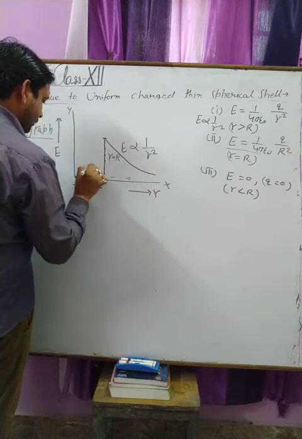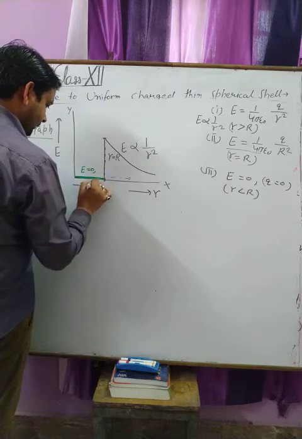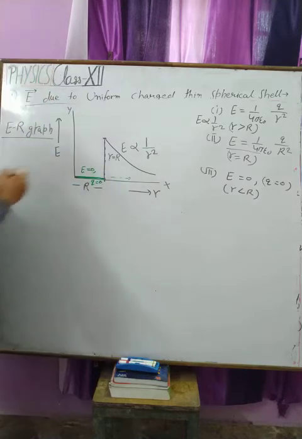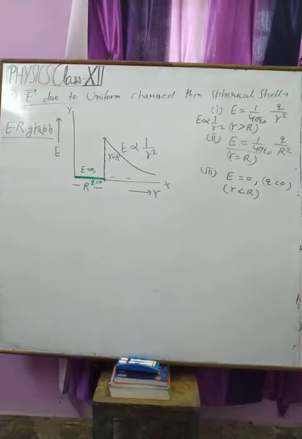E is equal to 0 because Q is equal to 0. This is the graph for the thin spherical shell which is uniformly charged. Copy this graph.